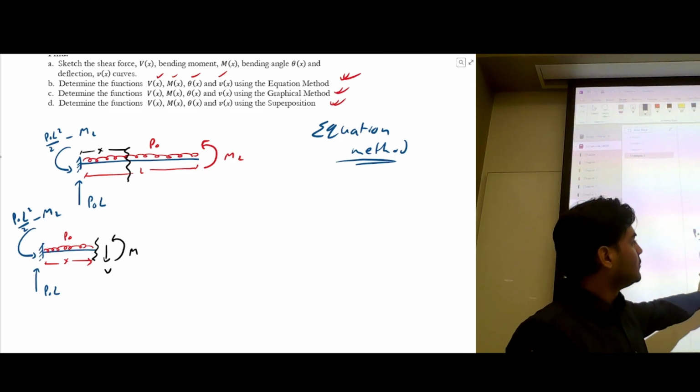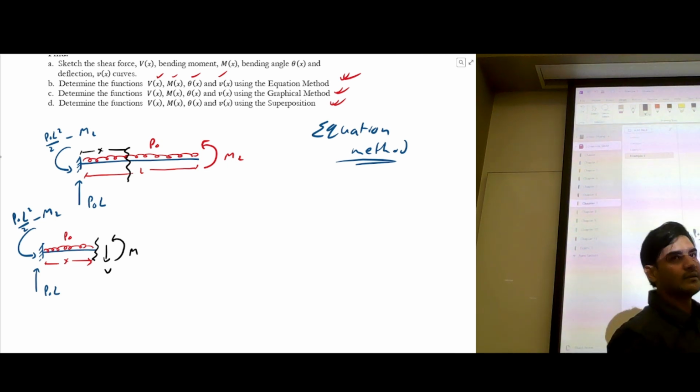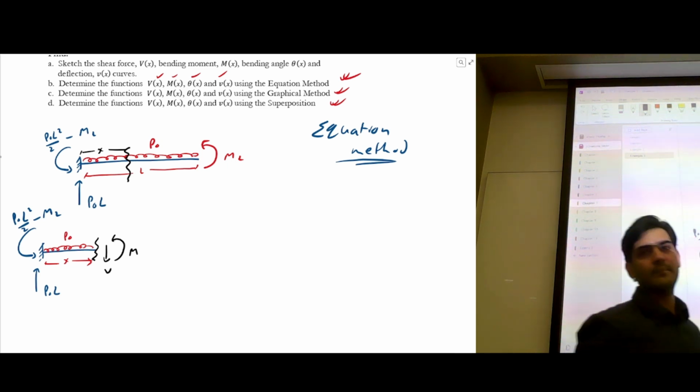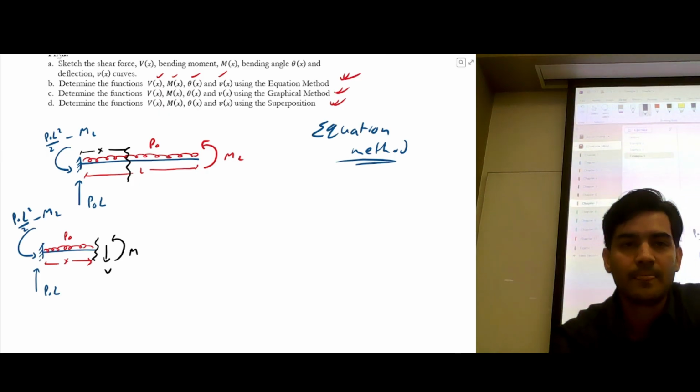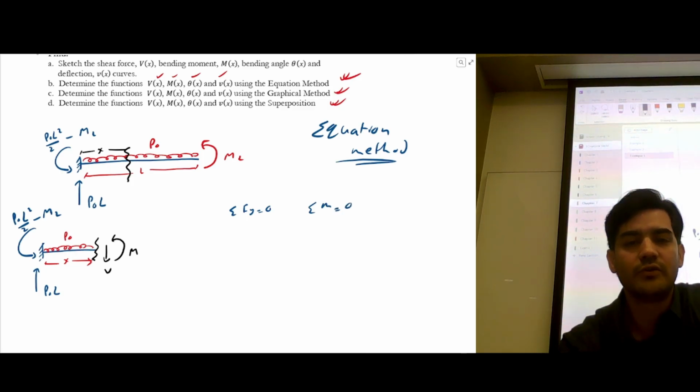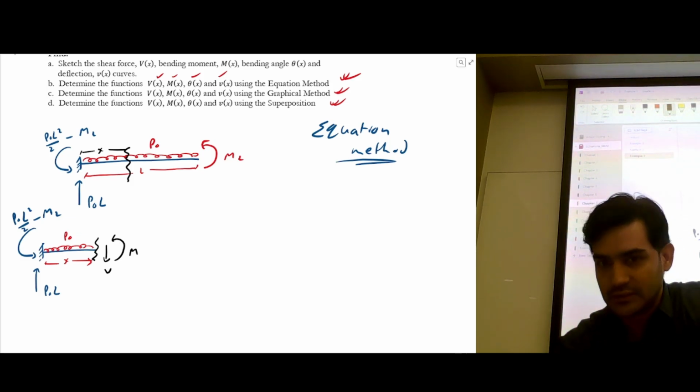Now you can calculate the equations for V and M by using equilibrium equations, right? If you do summation of Fy equal to 0 and summation of moment equal to 0, you can calculate the equations for V and M. Everybody can calculate the values; you have to use the equilibrium equations. So I'm just gonna write the equations directly.